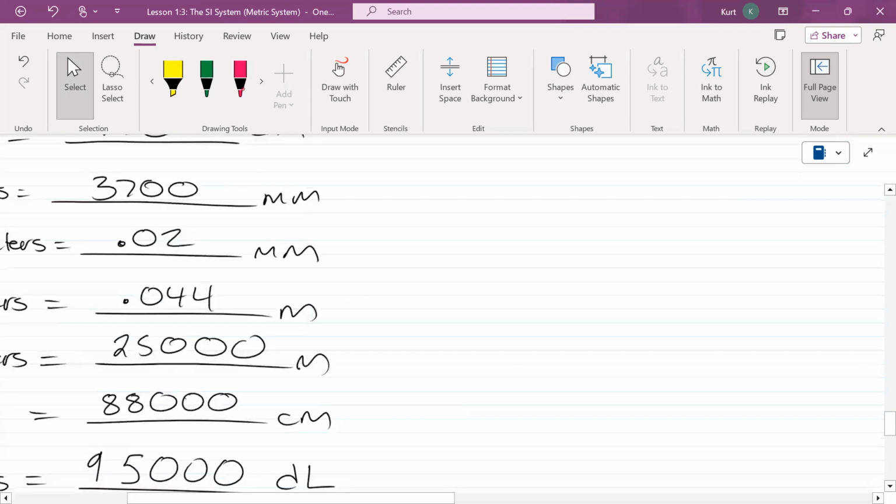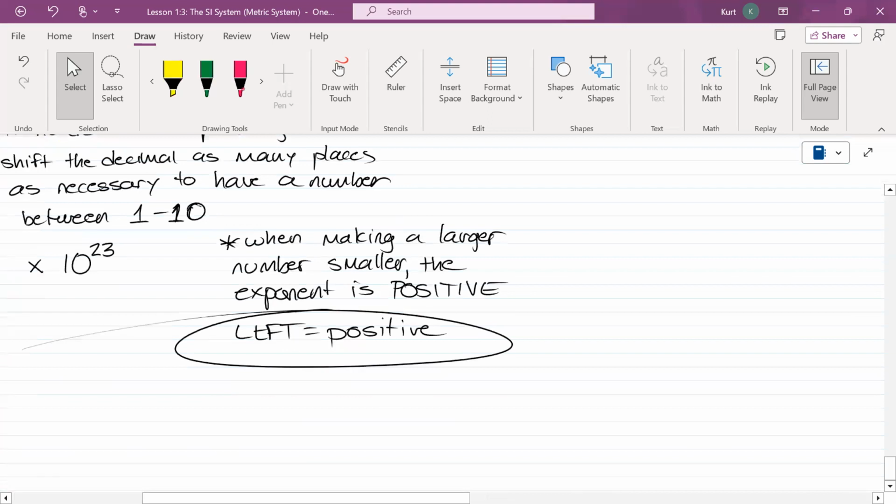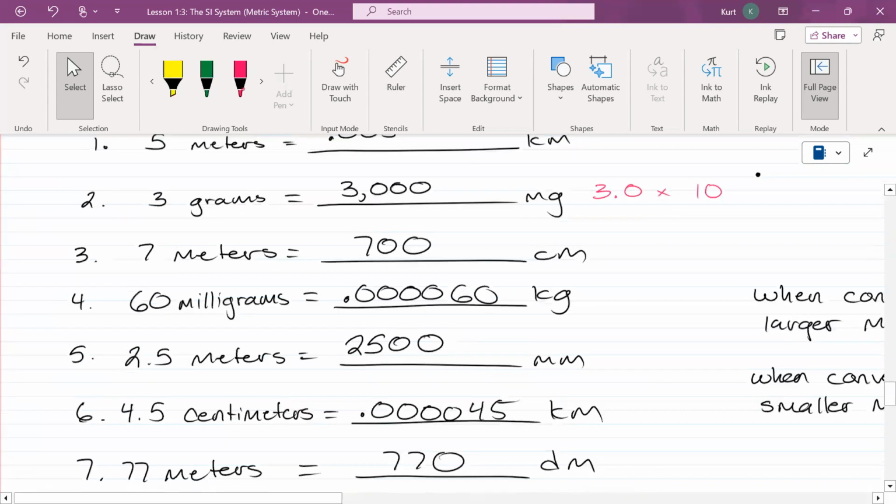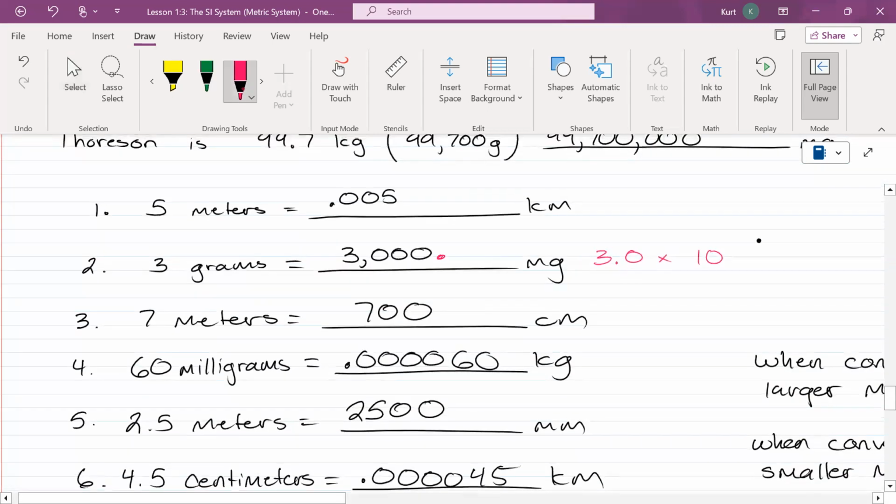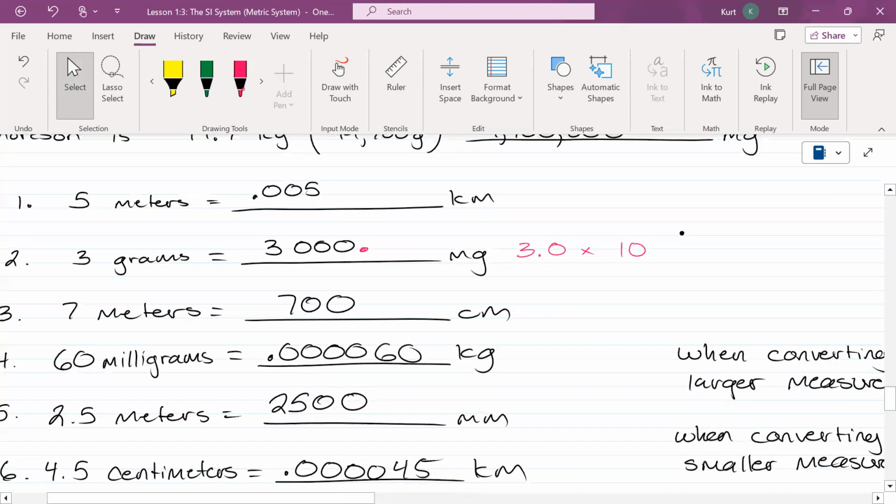Look what I wrote down here. It's okay, you're learning. When making a larger number smaller, the exponent is positive. If you shift the decimal left, you're positive. So the decimal is right here. We're shifting it 1, 2, 3 places to the left. So it's going to be 3.0 times 10 to the what? Positive 3. And don't forget to write milligrams.